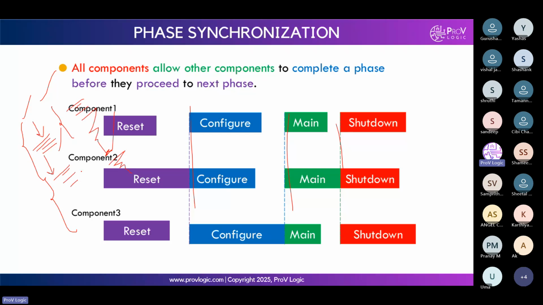So there is no synchronization between the regions in SystemVerilog. But we can avoid this asynchronous nature in UVM. Here, component 1, component 2 and component 3 all work at the same simulation time, all running in parallel.